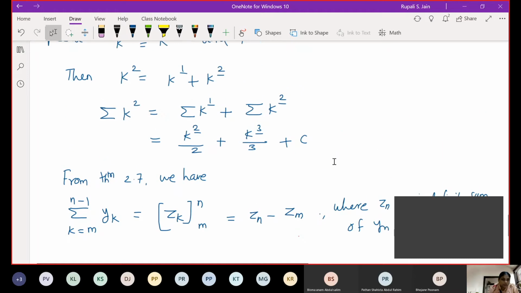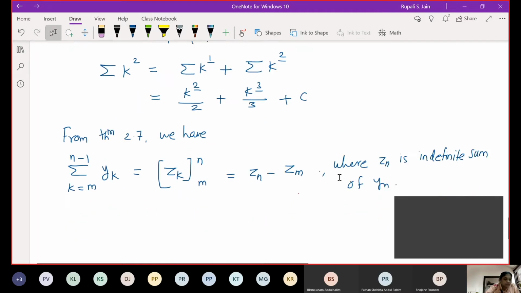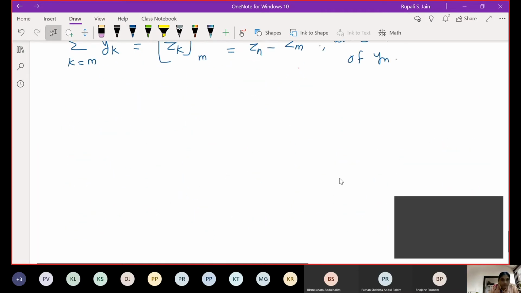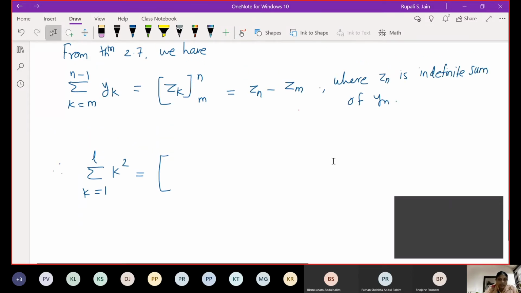So what can I write? Therefore, summation k is equal to 1 to L, yk is my k square, can be written as, how can it be written? What is my Zk?